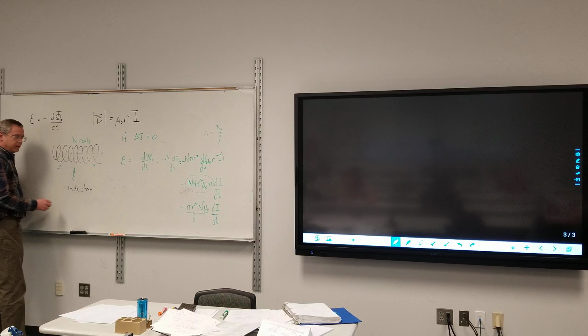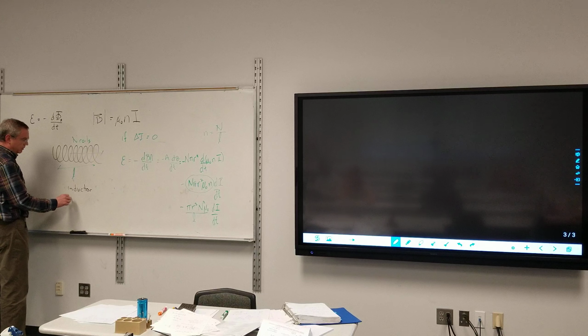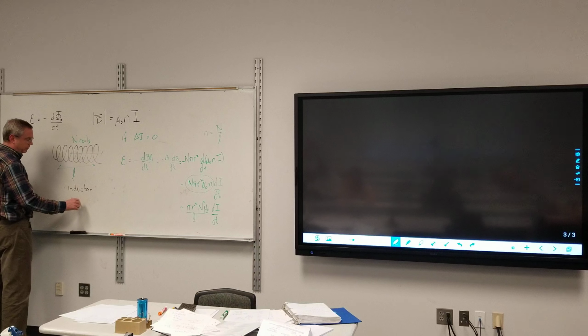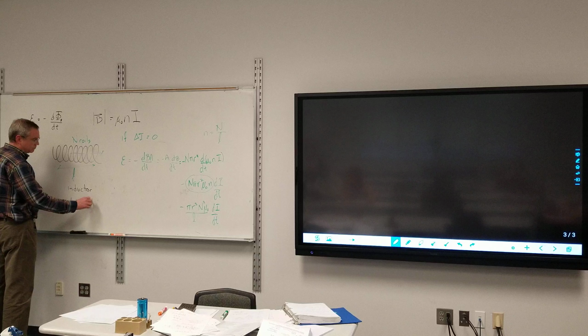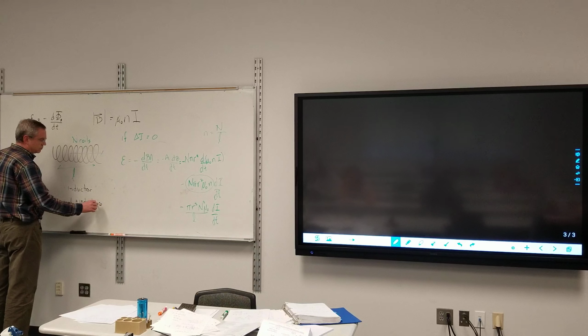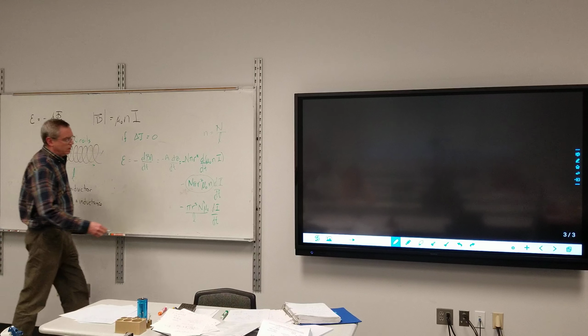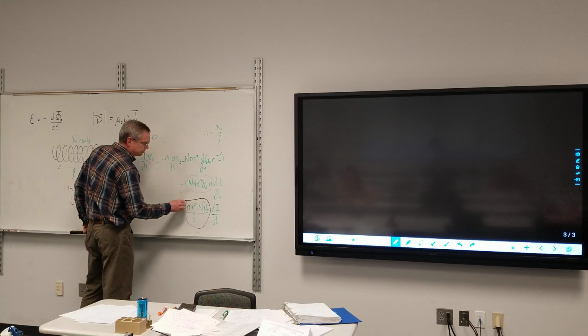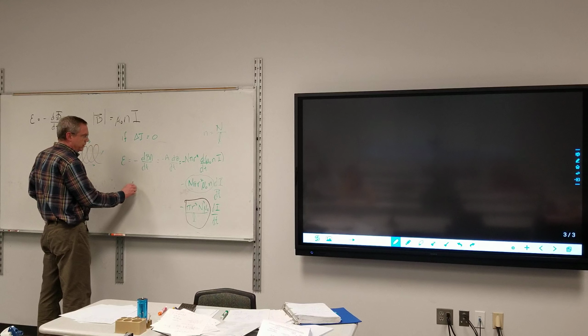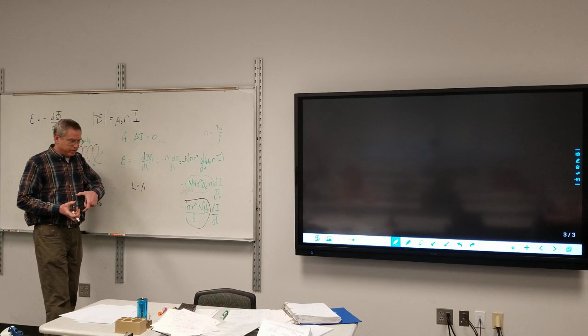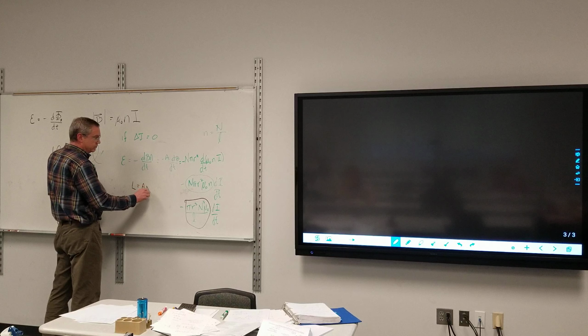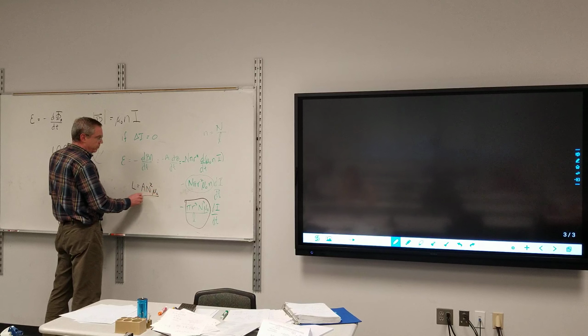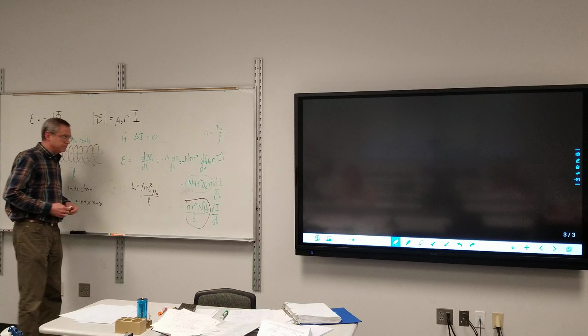And an inductor has an inductance, which is generally symbolized by a capital L. And that's the formula right there. Or slightly more generally, whatever the area of one of the coils is, N squared mu naught over the length.